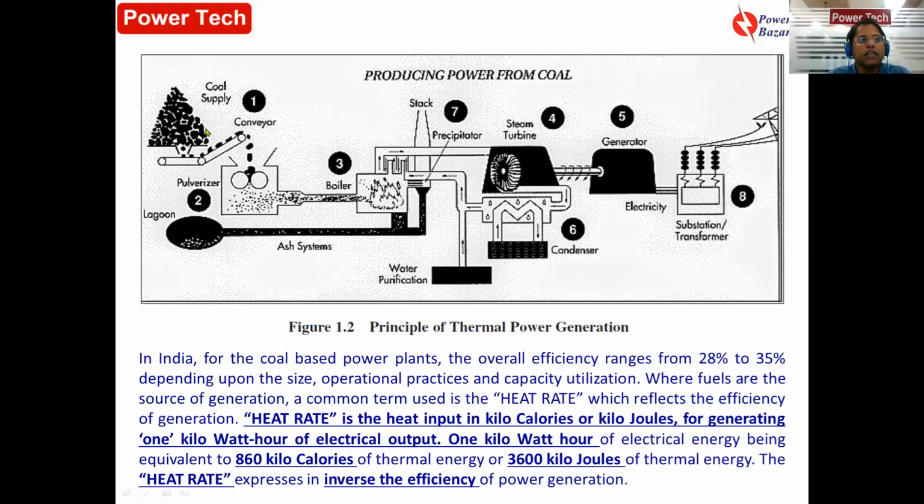This coal is mined from the mines, or you import it from Indonesia, South Africa, or different coal producing countries, or you mine from your indigenous coal mines. After that, this coal is transported through wagon or by truck, stored in the power stations, then through conveyor it goes to the crusher so that it can be sized.